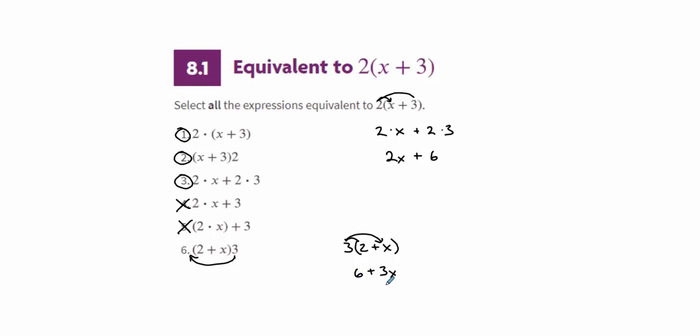And the commutative property of addition says I can switch these around also, so I could have 3x plus 6. Does that match 2x plus 6? 3x plus 6 and 2x plus 6 are not equivalent. So that one is not correct either. So correct answers are 1, 2, and 3 for 8.1.